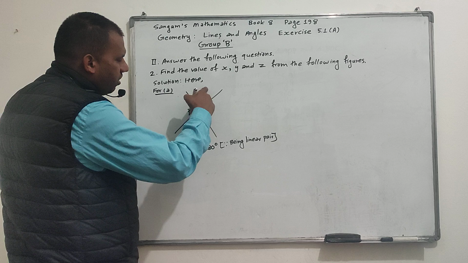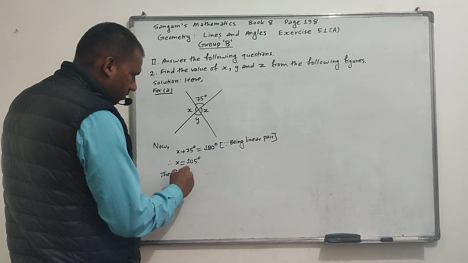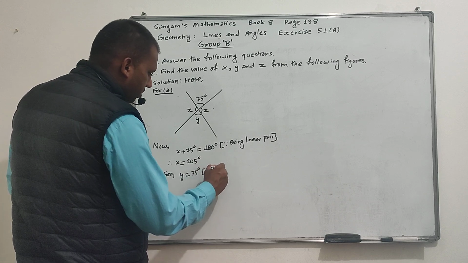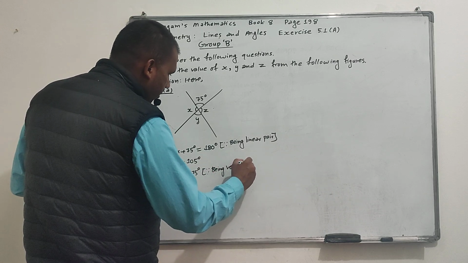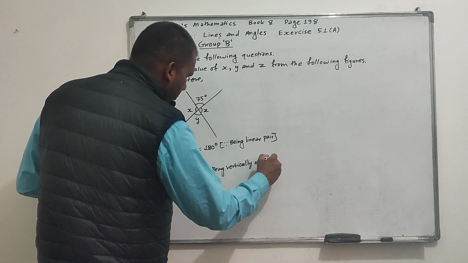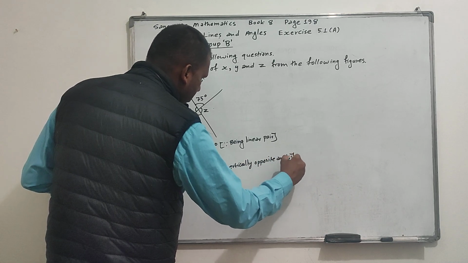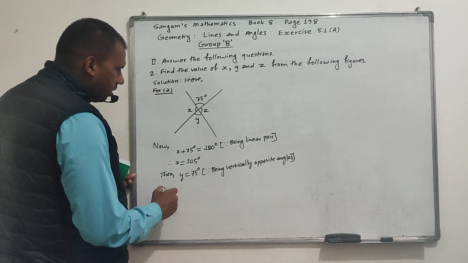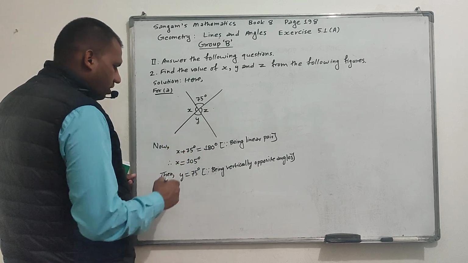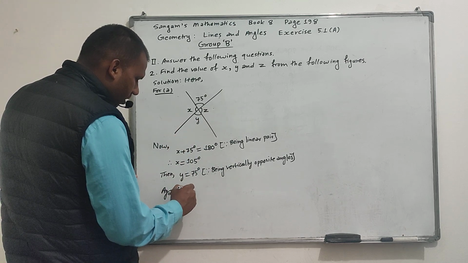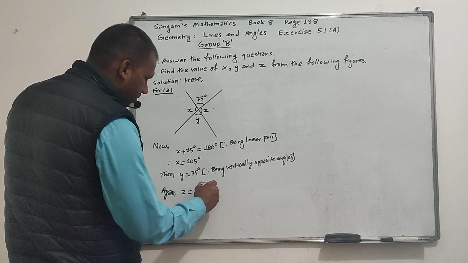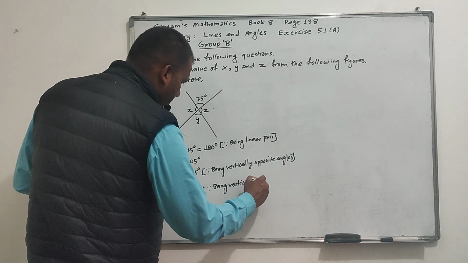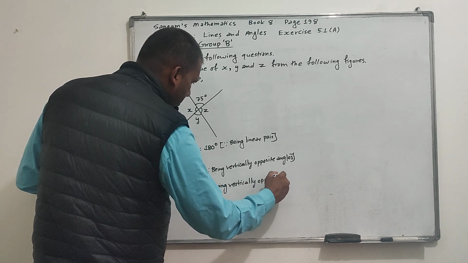Then y and 75, vertically opposite angles, so we can write y equal to 75 degree. Reason because being vertically opposite angles. Again z and x are also vertically opposite angles, so we can write z equal to x because being vertically opposite angles.